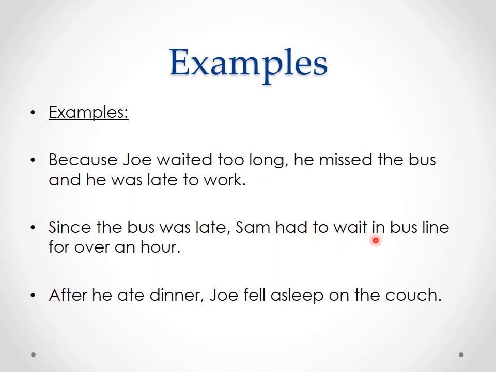In the third sentence, "after" is the subordinating conjunction, and "after he ate dinner" is the dependent clause since it alone does not have any sense. "Joe fell asleep on the couch" is the independent clause since it has meaning alone.